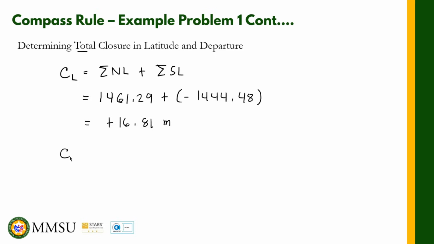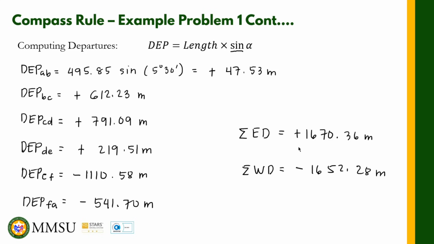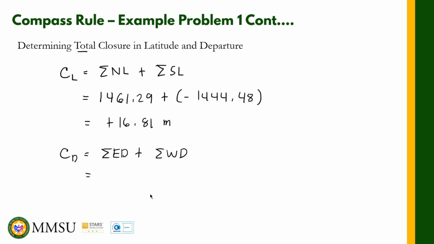Okay? Ang closure naman natin sa departure ay sum naman ng east departure tsaka ng west departure. Okay? So, yung east departure natin, this is equal to 1,670.36 meters. Yung west departure, negative 1,652.28 meters. So, we just need to get the sum of the two.